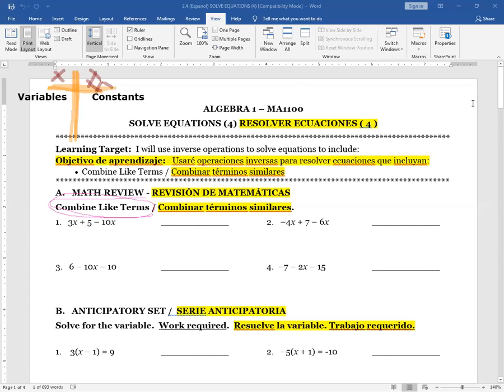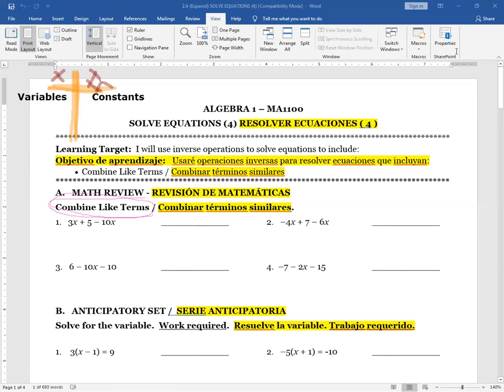It can change. But if you go to Little Caesars, the pizzas are $5.99. That's a constant. It's always going to be $5.99 in most cases. So a variable may change, a constant is going to stay the same.